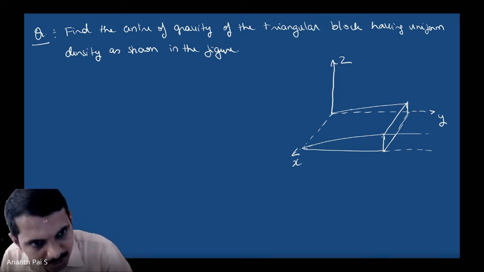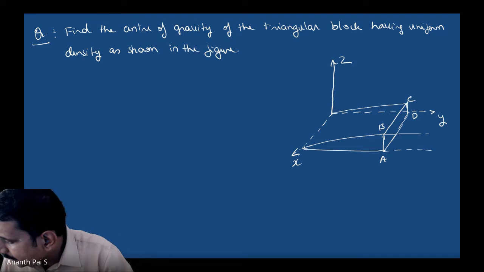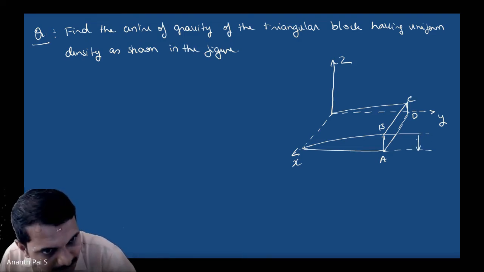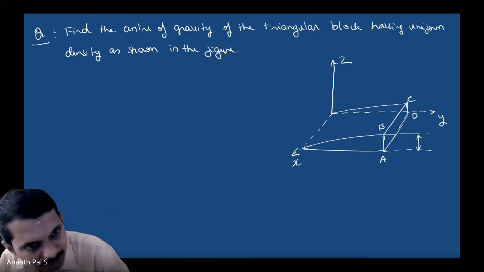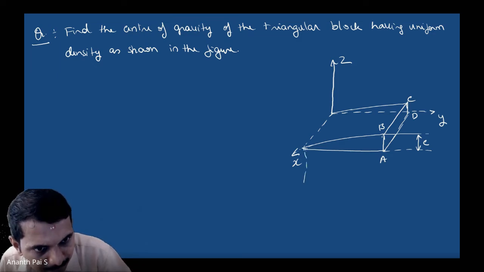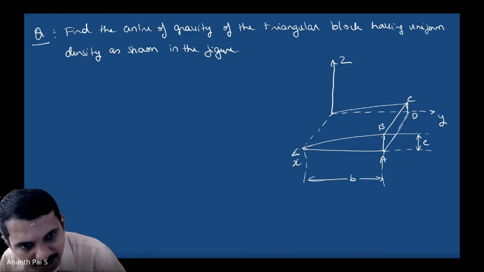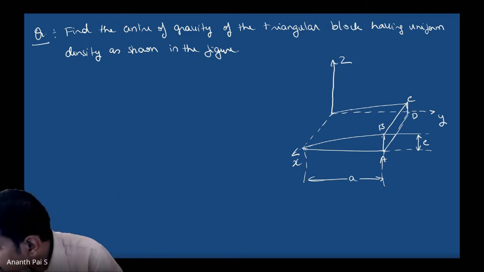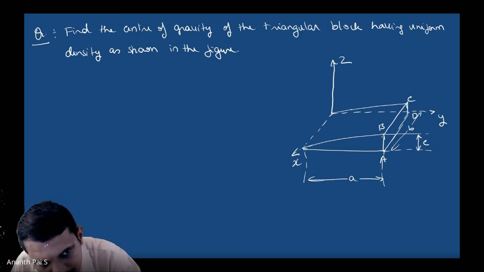We will call it A, B, C, D, and let this be distance C, let this be distance B, let this be distance A. Let me use the same thing, distance A, and on this side, from here till here, let this be distance B. Okay.